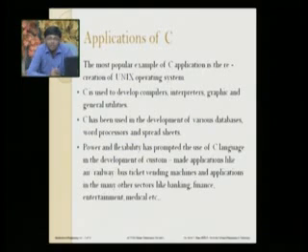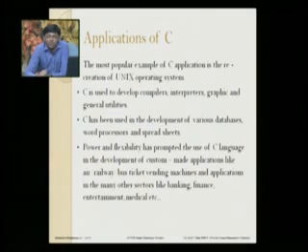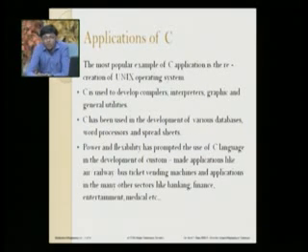C was a very powerful and flexible language. It was interoperable, and it was machine independent. So that's why it became very popular. Now what is the meaning of portability? It can be used on any machine or any operating system without making major changes. You may have to make some minor modifications, but there isn't any more requirement.